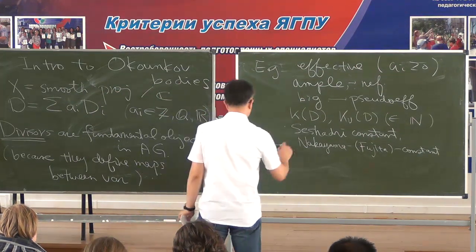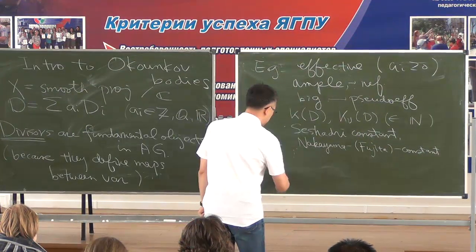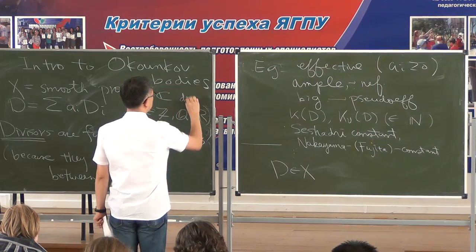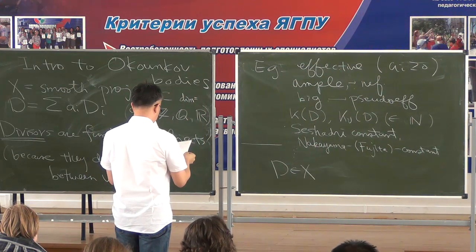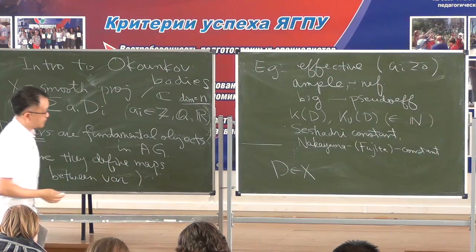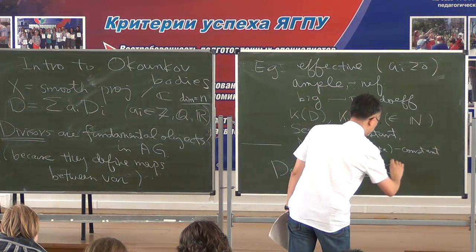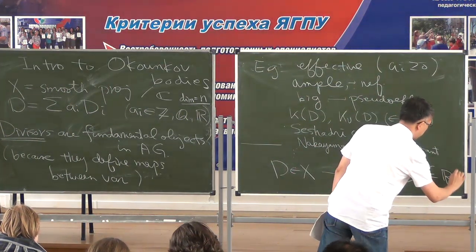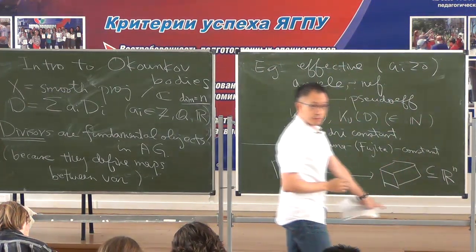So what we do in the theory of Okounkov bodies is the following. You are given a divisor D. Let's say the dimension of X is n. Okay. So you are given a divisor D, and I will construct some convex set which is in the n-dimensional Euclidean space.